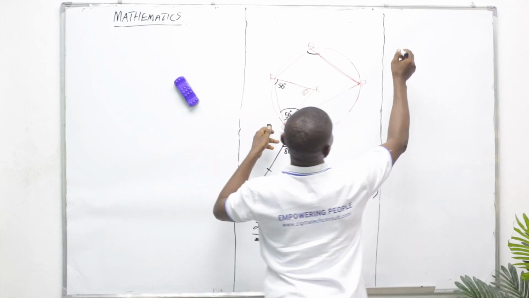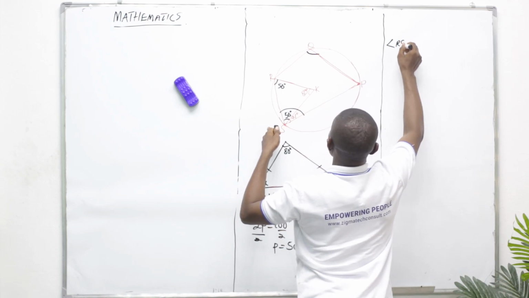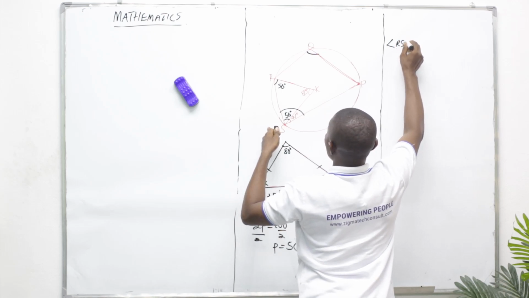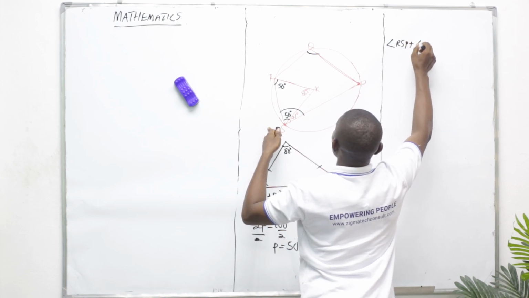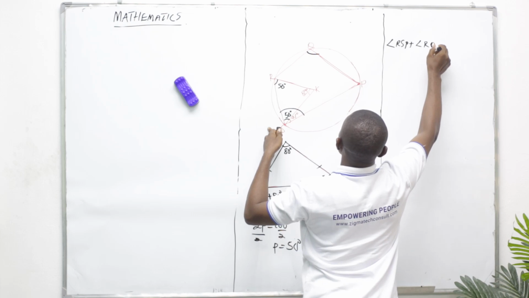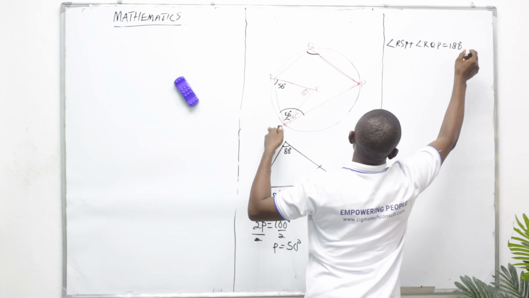Therefore, angle RSP plus angle RQP equals what? 180 degrees.